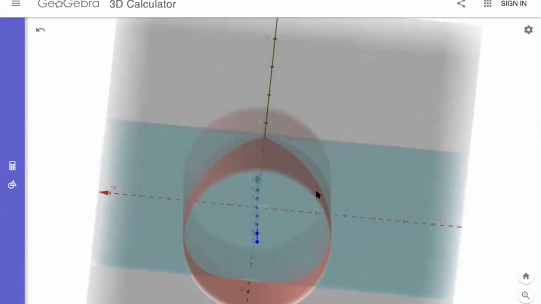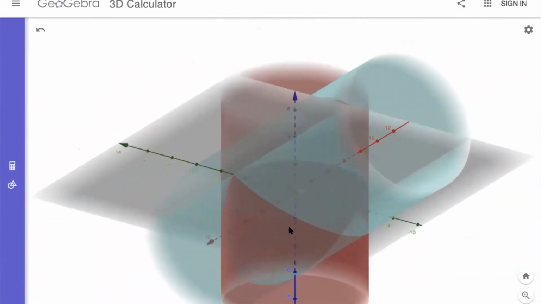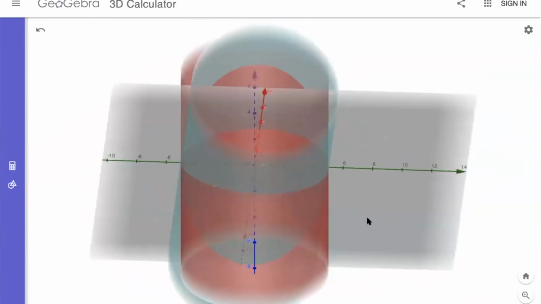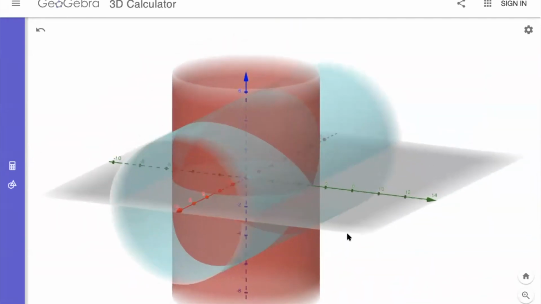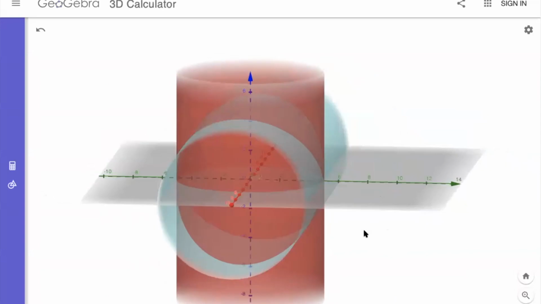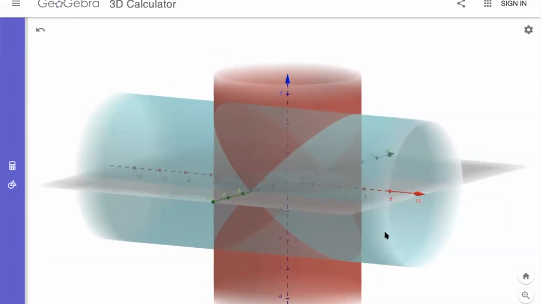Hold on, let me see. The blue line is the z-axis, the red line is the x-axis, and the green line is the y-axis.